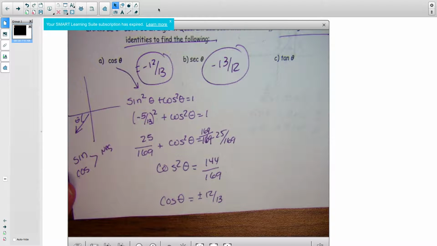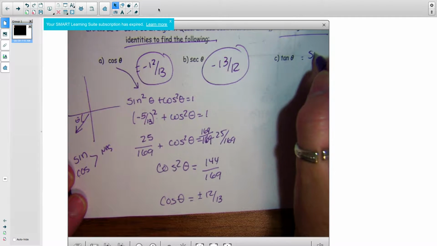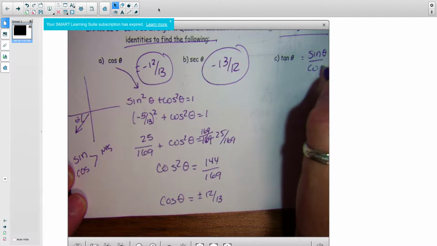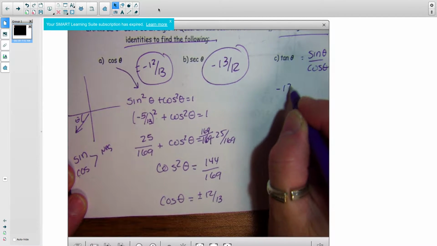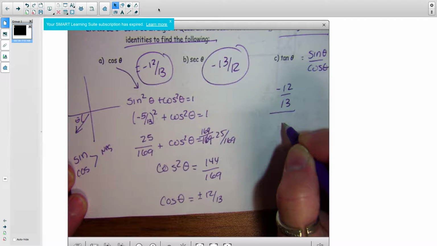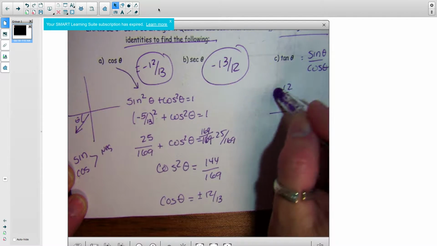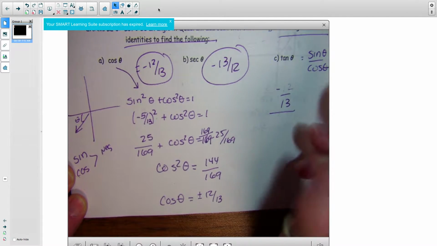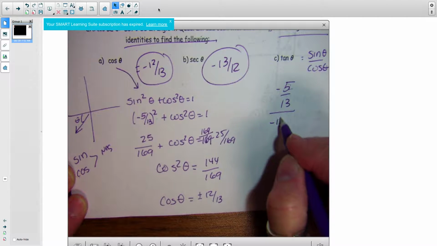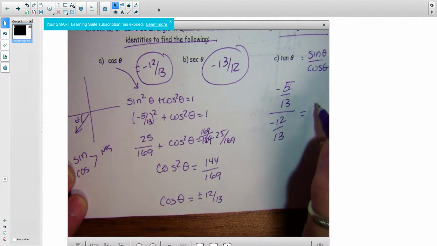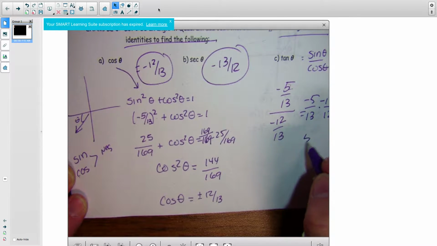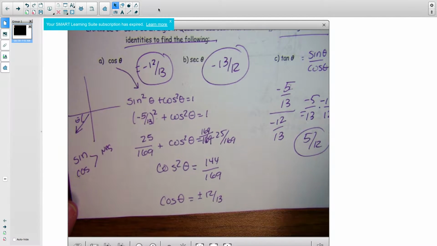Tangent is what? Sine over cosine. Sine over cosine, which is a negative 12/13. Sine is 5/13 over negative 12/13, which gives us 5/12.